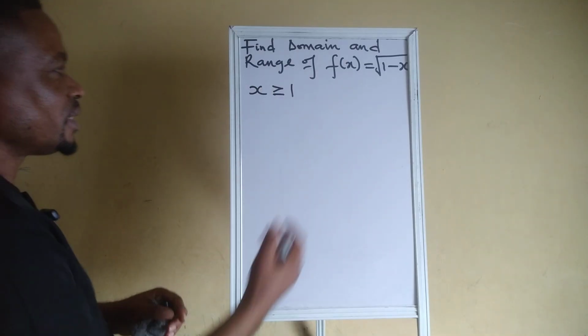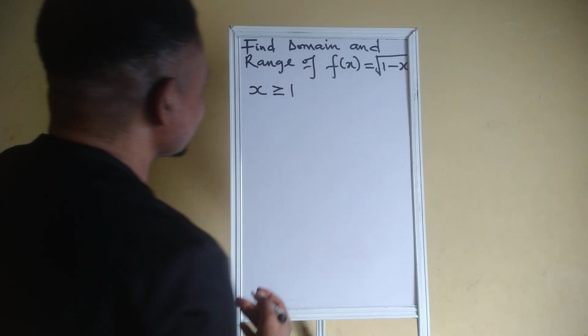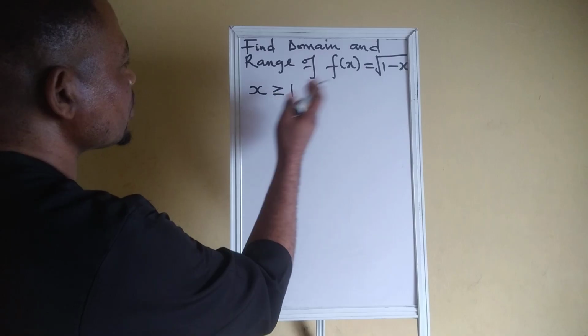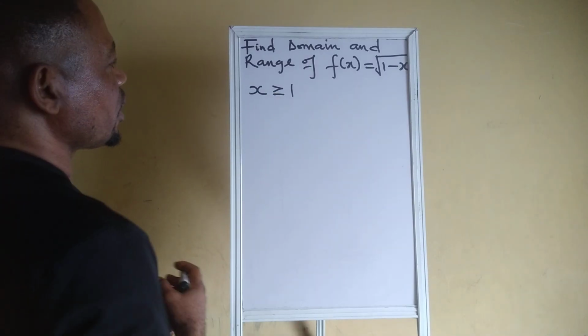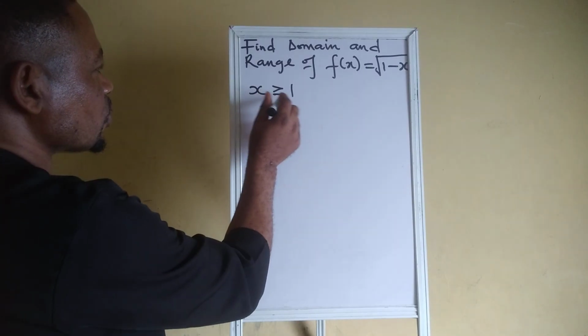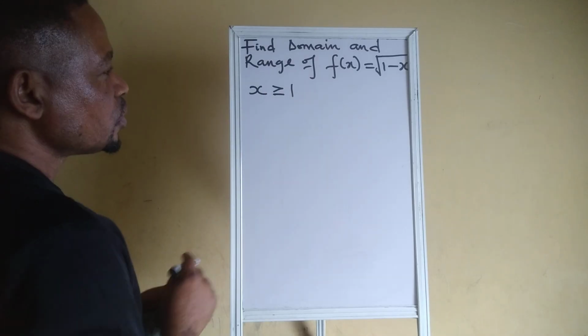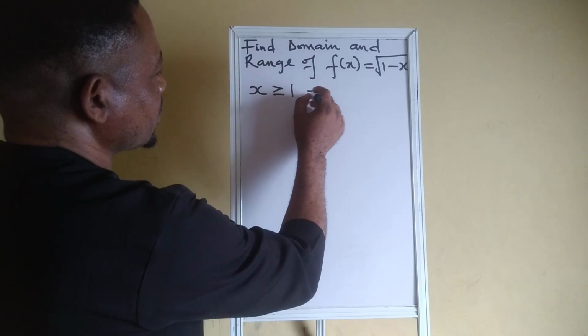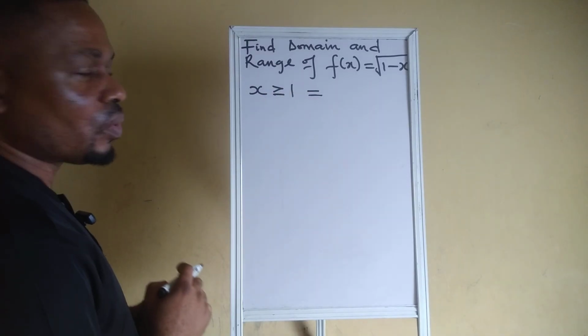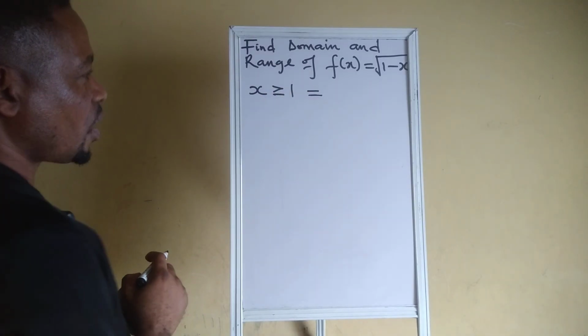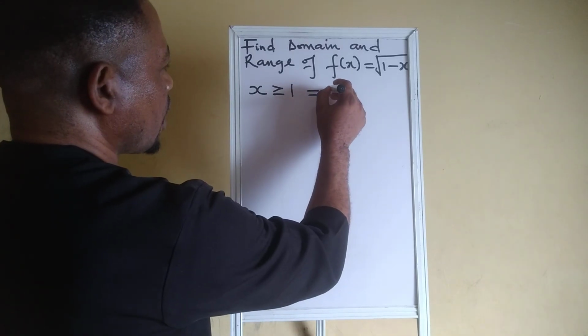The word greater than simply means that x tends to positive infinity. And it must start from 1, which is the equal to. So how do I express this using interval notation symbol? This is how we do it.